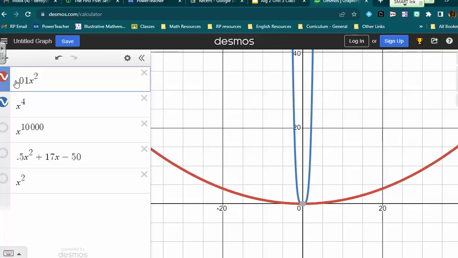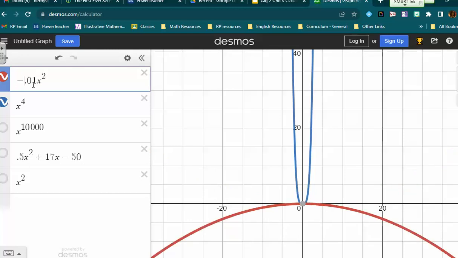Now here's the only thing that's going to change it. We can put any number we want out front. But as soon as that number out front, remember that's called the leading coefficient, as soon as that number is negative, did you see what my graph just did? I put a minus sign here and my graph immediately flipped upside down.